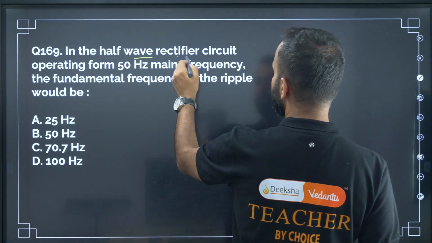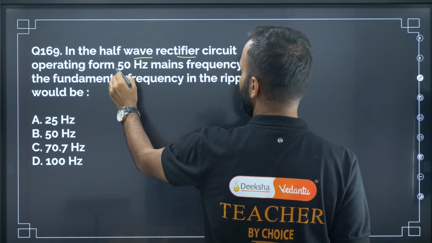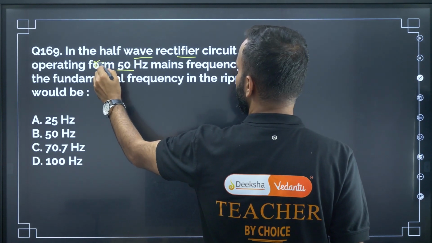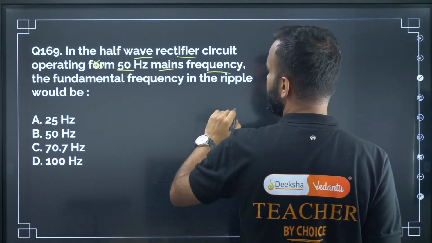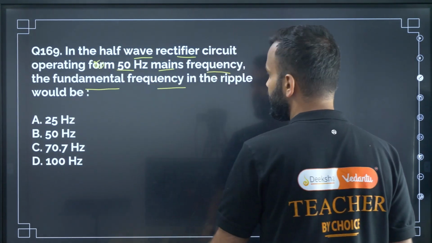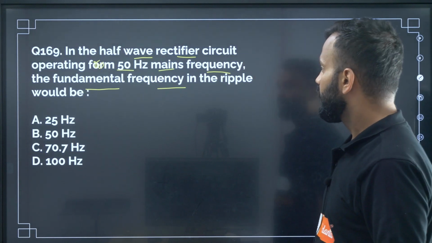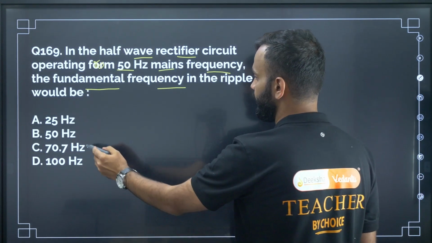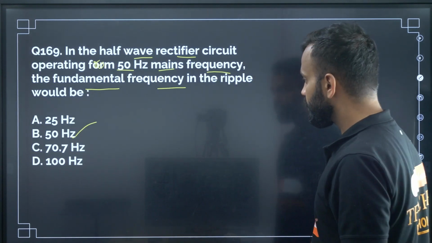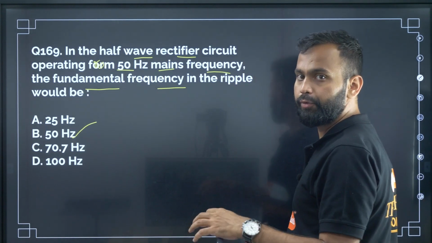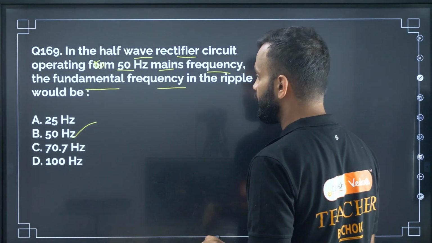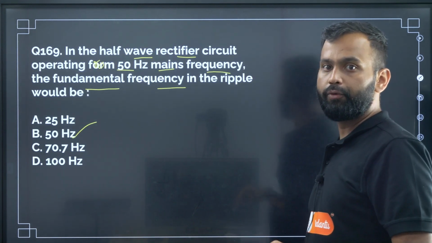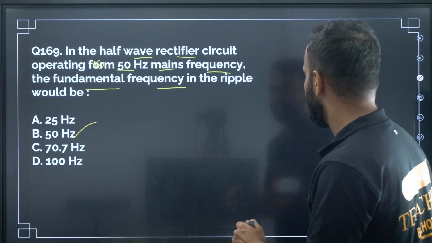In the half wave rectifier circuit operating from 50 hertz main frequency, the fundamental frequency in the ripple would be the same, right? 50 hertz only. Why? Because the frequency of the output from the half wave rectifier is half.